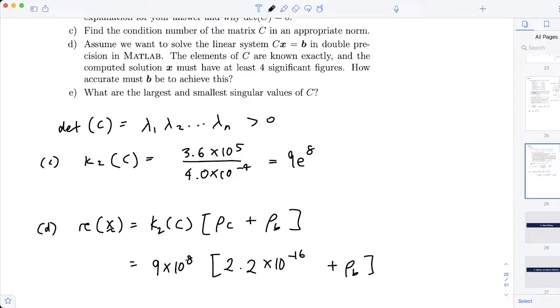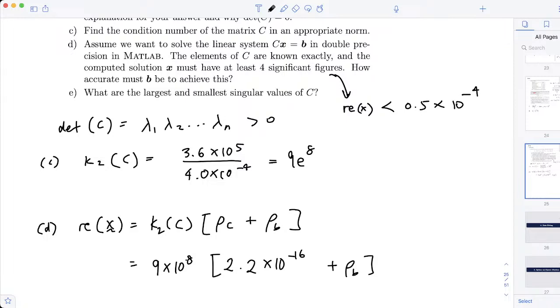And the relative error of X, since X must have at least 4 significant figures, if we remember that, that's basically just saying that the relative error has to be less than 0.5 times 10 to the negative 4. So depending on however many significant figures you want, you're going to change the 4, right?